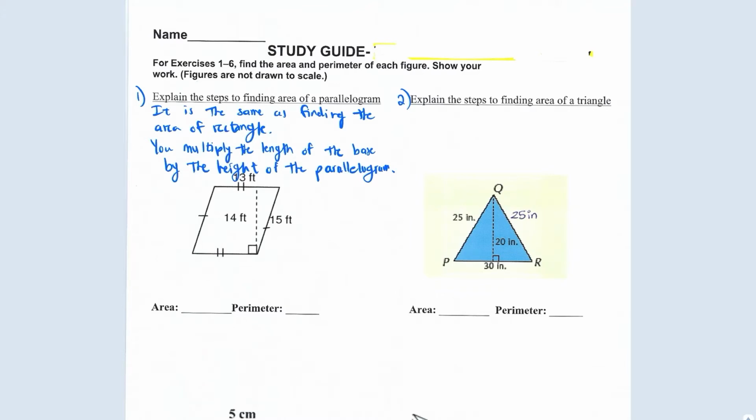Well, you first multiply the length of the base by the height of the triangle.